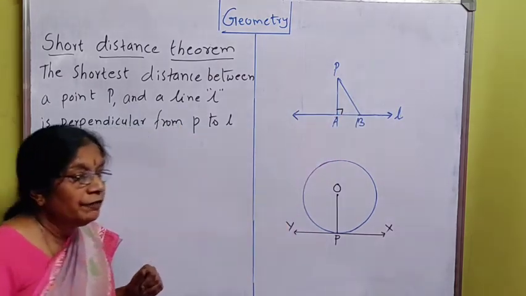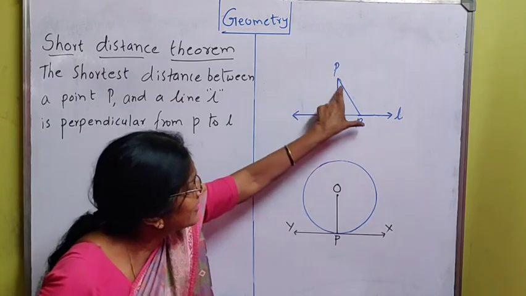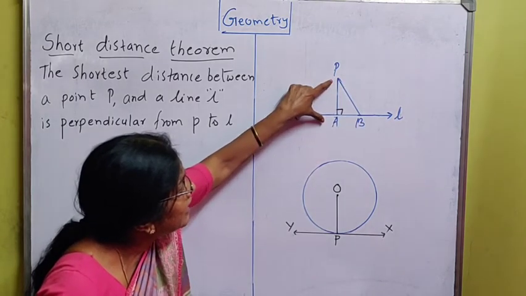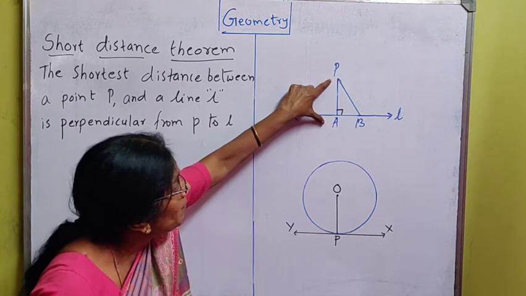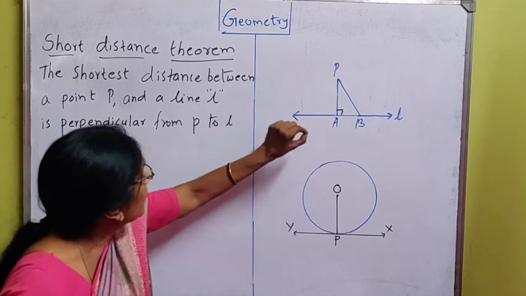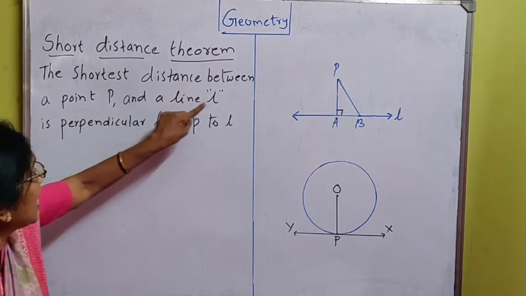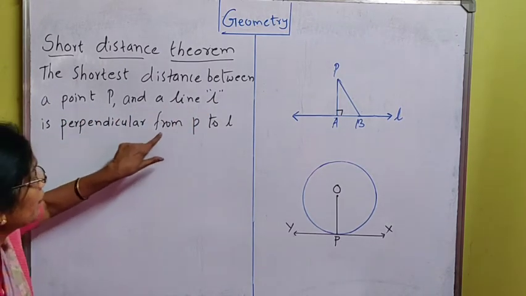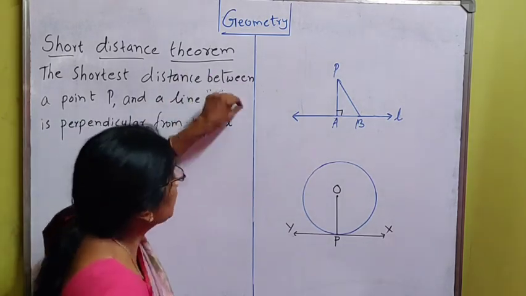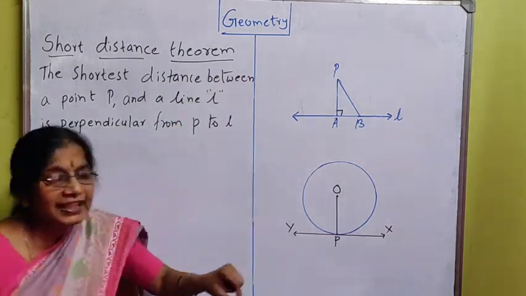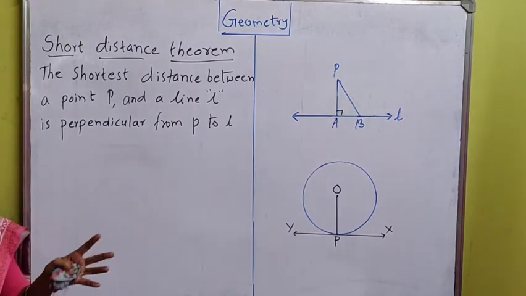Compare them, and you will find the shortest. PA is less than PB, and PA is perpendicular. So that shows that PA, the perpendicular from P to L, is the shortest distance between a point P and a line L. Very important. This concept we are going to use in the next theorem regarding the tangent and the circle.